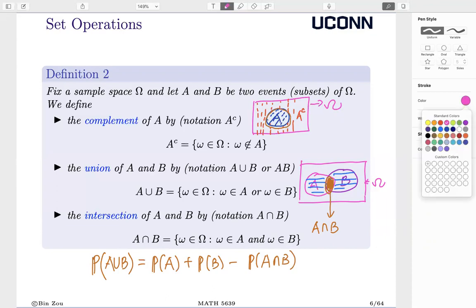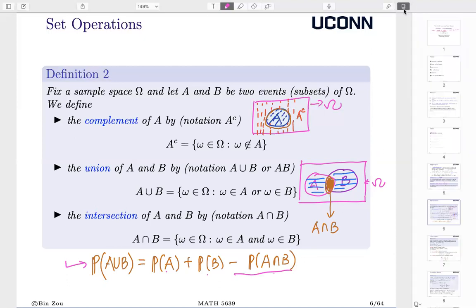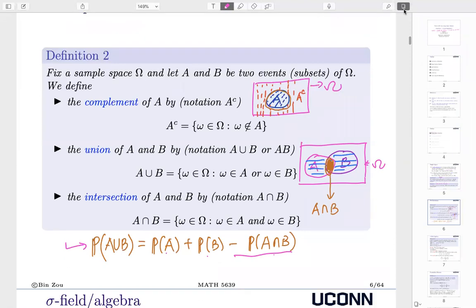That's why when we calculate the probability of a union, it's A plus B minus the intersection part. When you calculate the probability of A, you count the common part once. When you calculate the probability of B, you count this part again, so you overcount once. That's why you need to subtract back the joint part. That's something all of you should know, obviously.